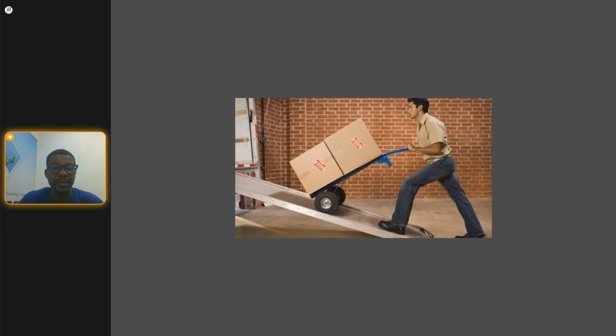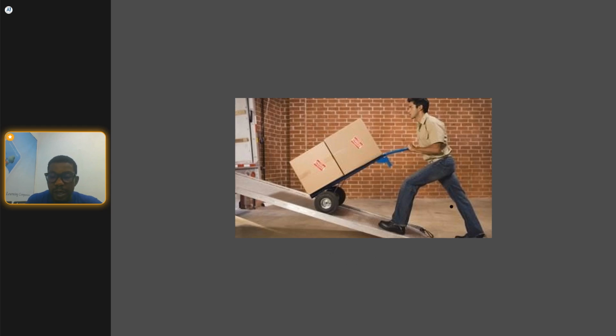Imagine if he was carrying that same quantity of load on his shoulder or on his neck, walking to the truck, offloading it, coming back again, picking another one. He's going to be exhausted, of course, because it will require too much energy and effort, and it will not be faster like using this inclined plane.